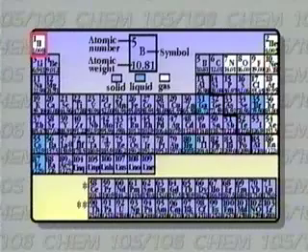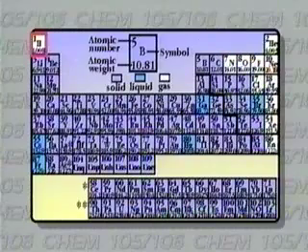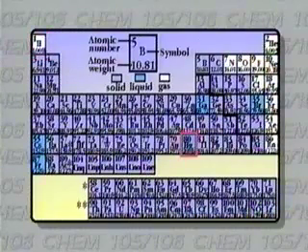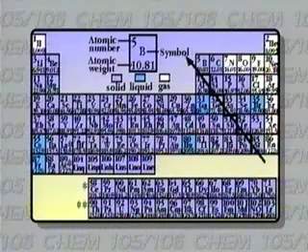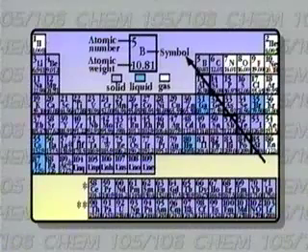But everything else is a metal, and out of all of those metals, there's only one that's not a solid at room temperature, and that is mercury. So when we talk about metallic solids, we're talking about basically all of the elements to the left of my pointer at this point, other than mercury. And if we cool mercury off, it will become a solid also.